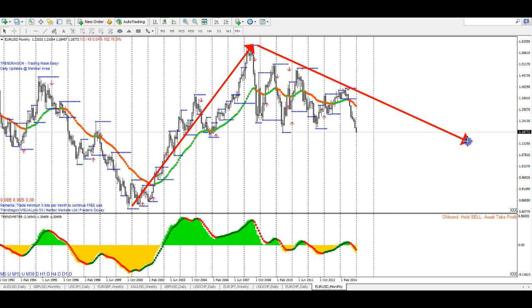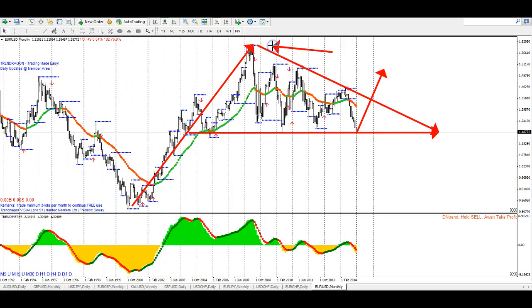The other side of the theory is that it should break or reverse about 3/4 inside. So normally, following that theory, we should see a move from this level back up to the upside to break that high, which is quite high.